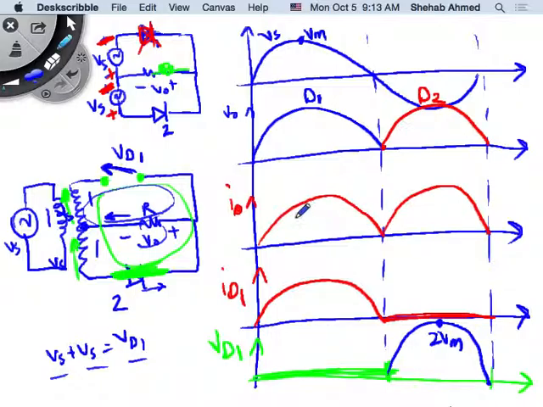So the RL case will be, the current will fall theoretically delayed, right? So if it starts here and it's going to fall theoretically delayed, but this is the full wave rectifier circuit, right? So I am putting a positive voltage again across it, so it's always continuous, right? So for the RL case, for the full wave rectifier, current is always continuous.